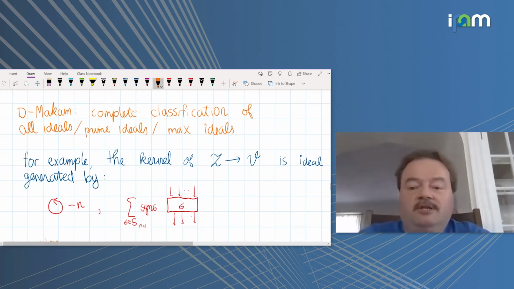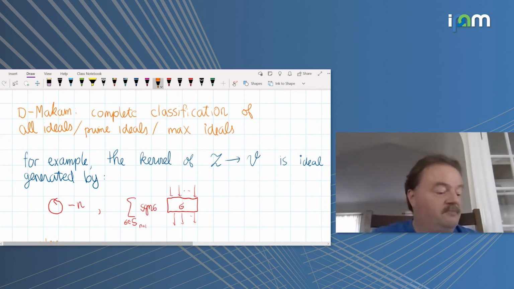So one result that Visu and I proved is a complete classification of all ideals, all prime ideals and maximal ideals inside Z. If we go back to the example before of this V, where V is an n-dimensional vector space, you can look at the set of all tensors that lie in products of V and V dual.